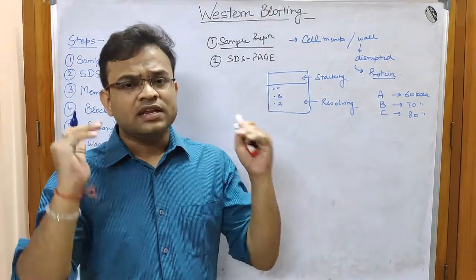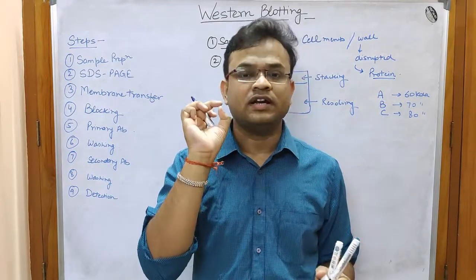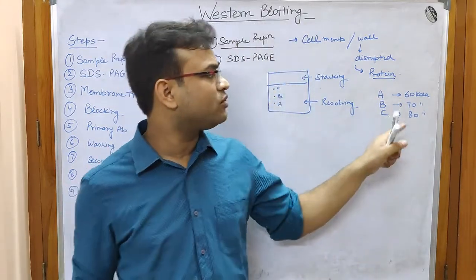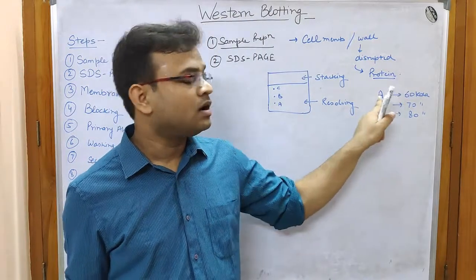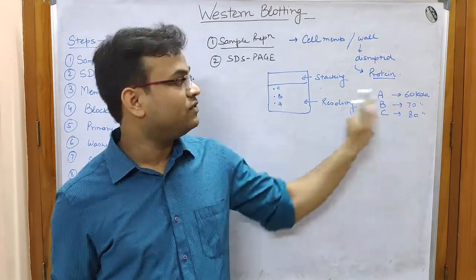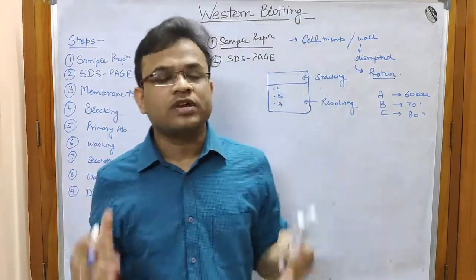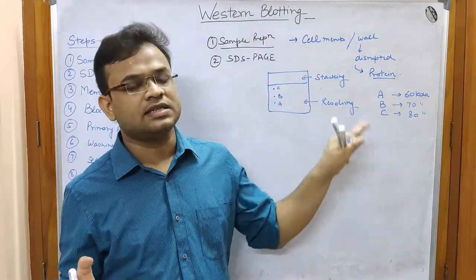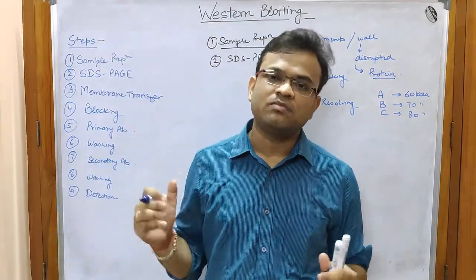We need to confirm whether our particular protein of interest is present. There might be another protein with a molecular weight of 61 kDa, which cannot be differentiated from protein A with the help of SDS-PAGE. We want to be specific that our protein of interest is present in the sample or not. That is why Western blotting is used.